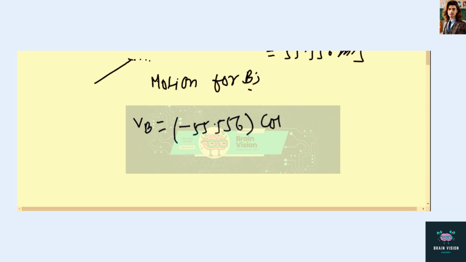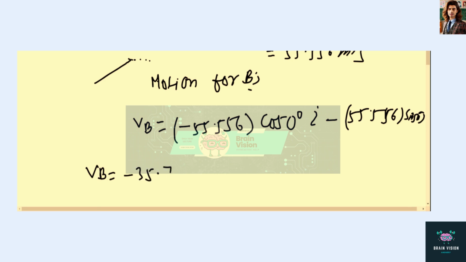This is cos 50 for the component in the x direction, I cap, and minus 55.556 into sine 50 J cap in the vertical direction, which is in the negative y direction. So after putting in the values, VB becomes minus 35.711 I cap minus 42.558 J cap.